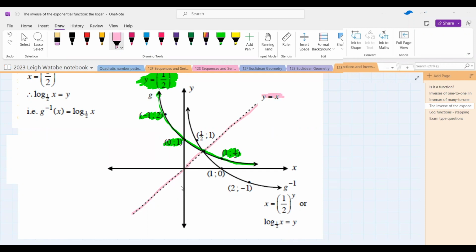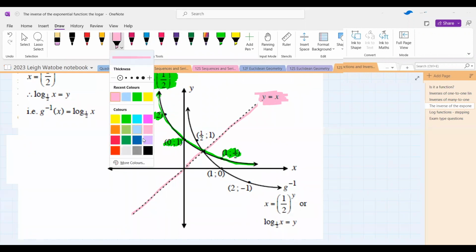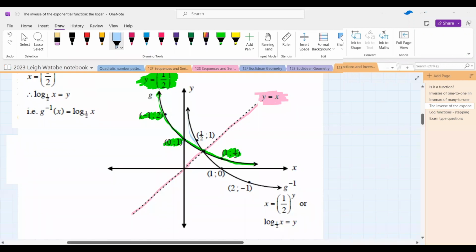That's our reflection line. And now here is our inverse function, our logarithmic function. Let's highlight this one in blue. Sorry, it's very difficult to write on the writing pad from left to right over there. So there is our inverse.